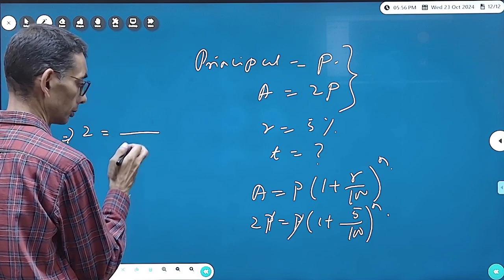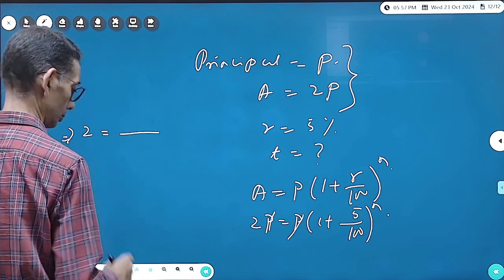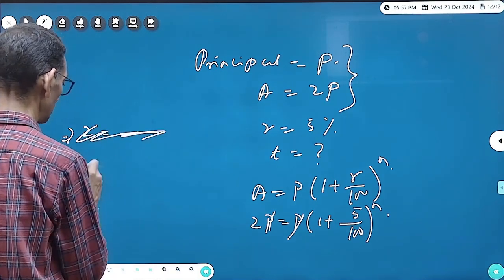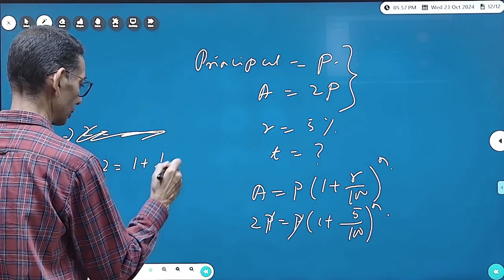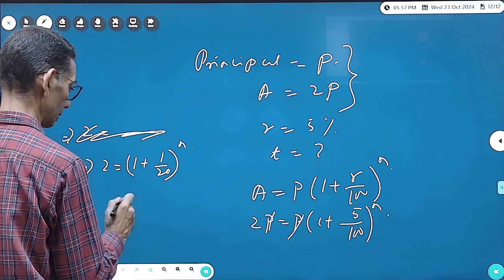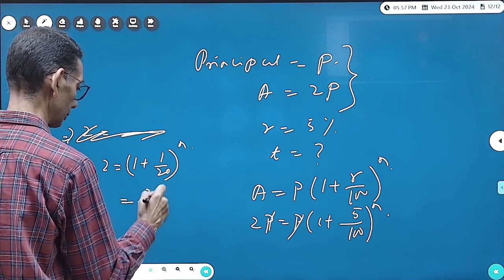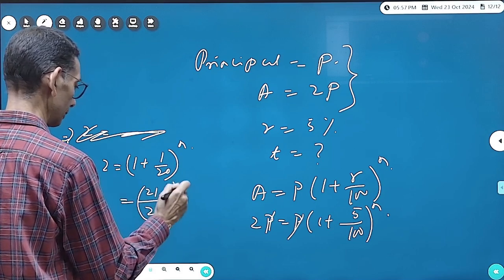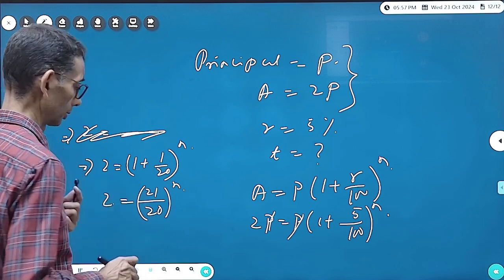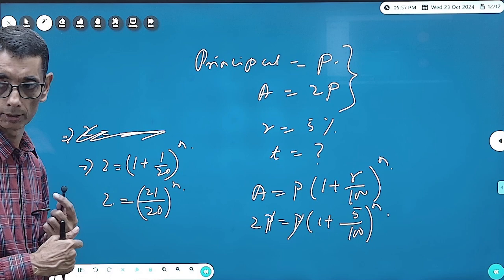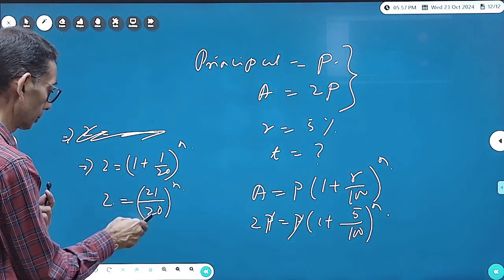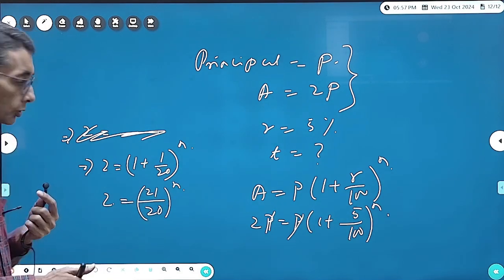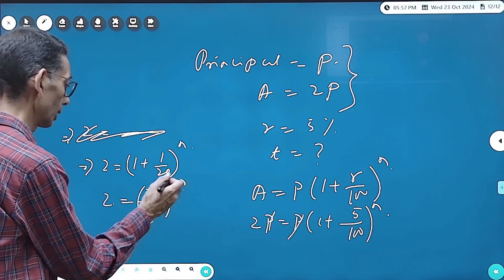2 is equal to (1 + 1/20) whole to the power n, that is (21/20) whole to the power n. We need the value of n, which is in the exponent.